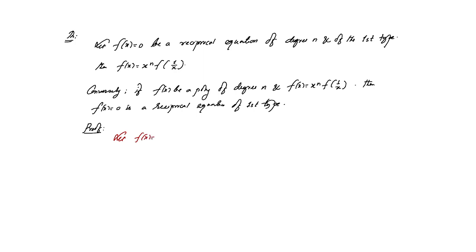Let f(x) equals a0 x to the power n plus a1 x to the power n minus 1 plus ... plus an minus 1 x plus an be a reciprocal equation of degree n and of the first type.